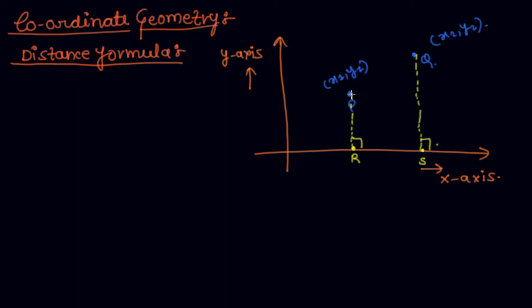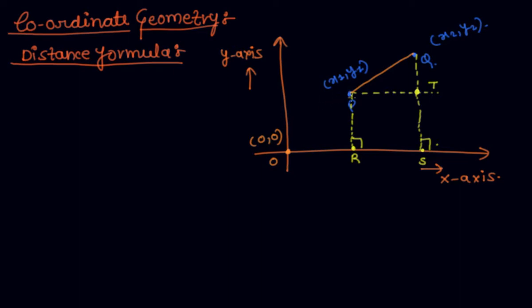Now again I draw a perpendicular from P on the QS line. This intersects at the point T. Now find the distance between these 2 points P and Q. This is the origin O, whose coordinate is 0, 0.